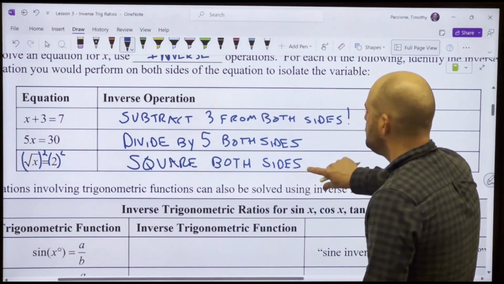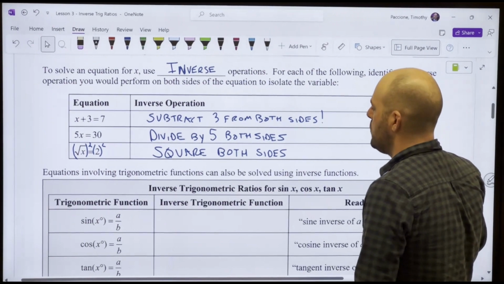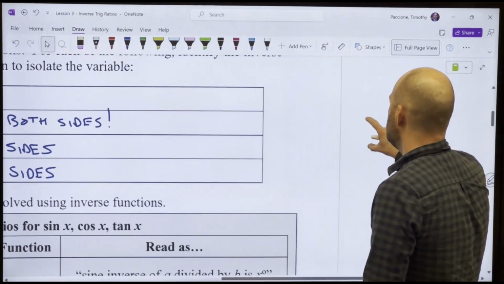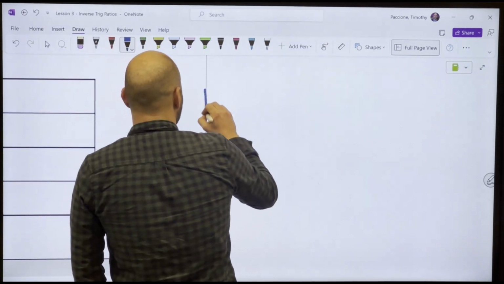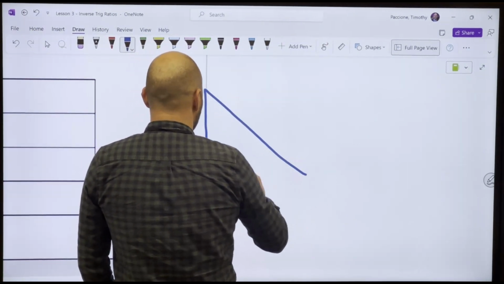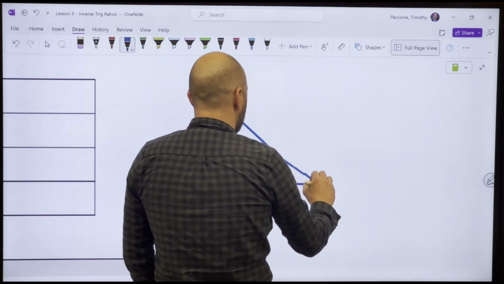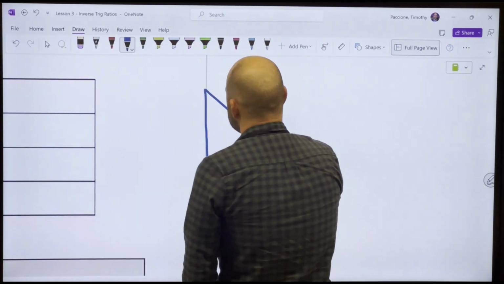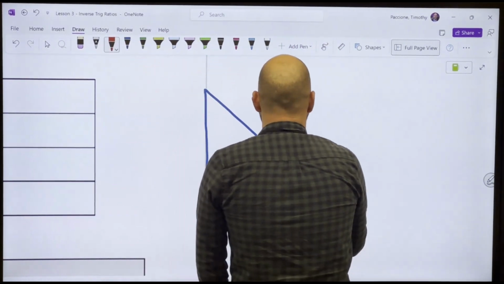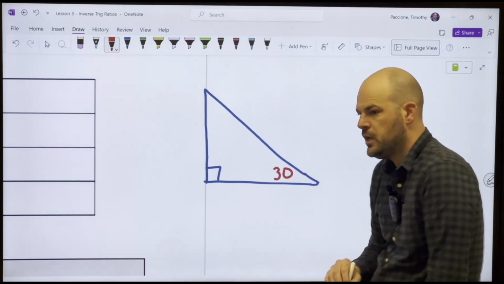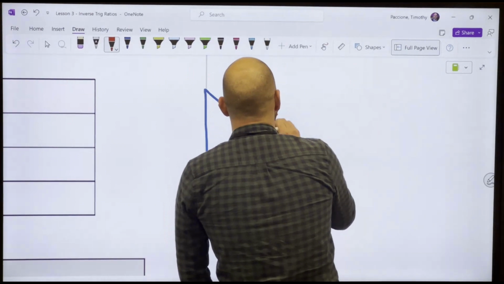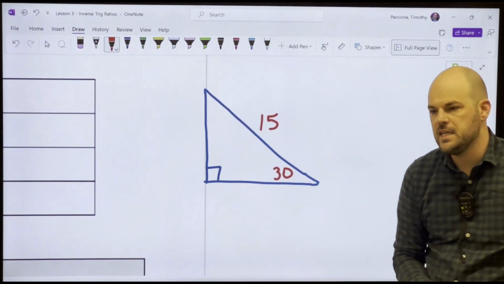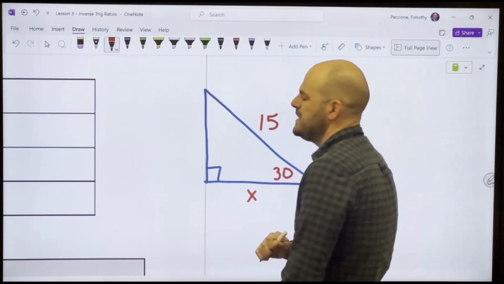Okay? Now, a little sidebar before we get into the bottom part of the notes. Let's talk about what we did yesterday, or last class. We had a right triangle. And say it was like 30 degrees here, right? And maybe I told you, okay, your hypotenuse is 15. And then I said, hey, what's that side?